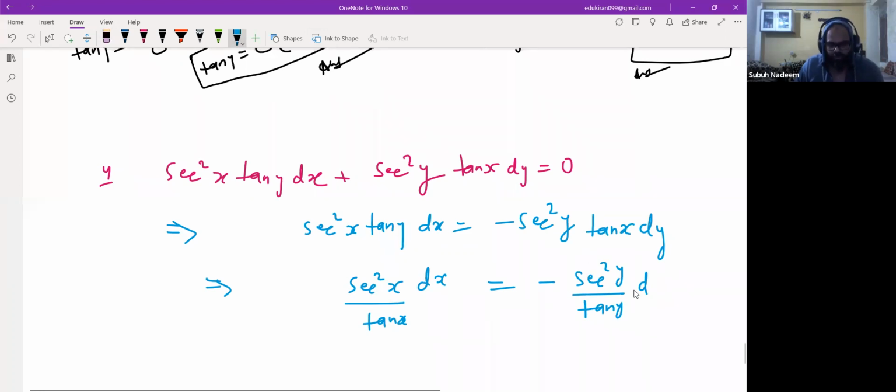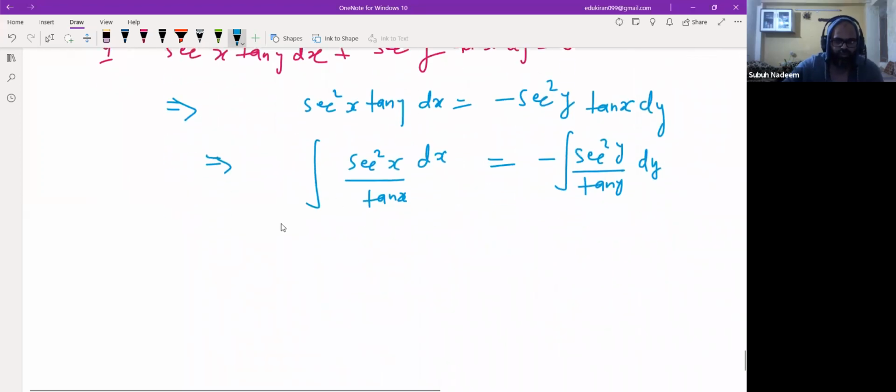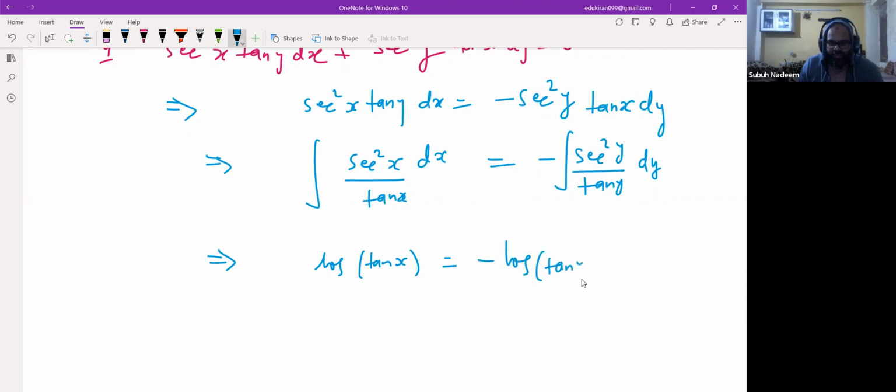Yes, sir. So you have to integrate both sides. When you integrate both sides, you will get, again, tan x is u, so above is du, so log of u. Now you can directly think about it instead of doing all that process. Minus log of tan y. Can we write it like this? Yes, sir.